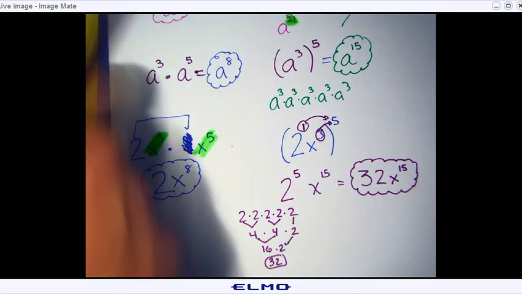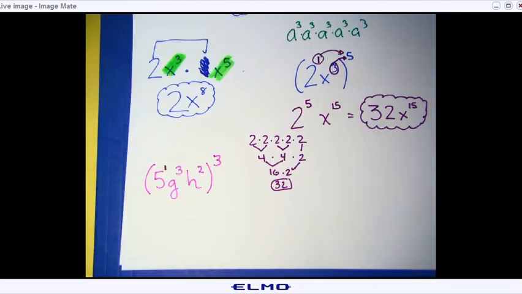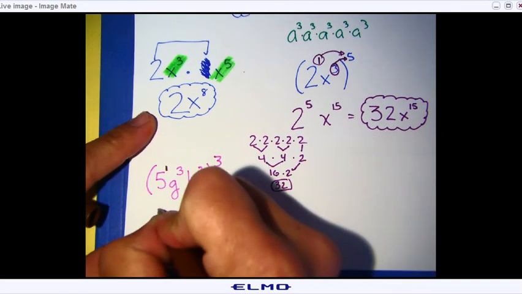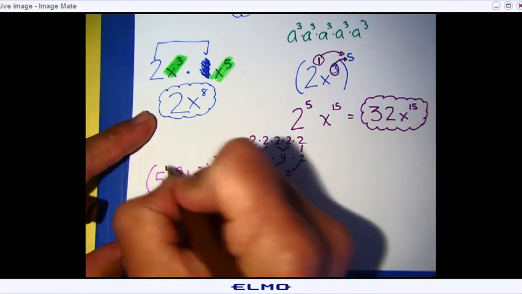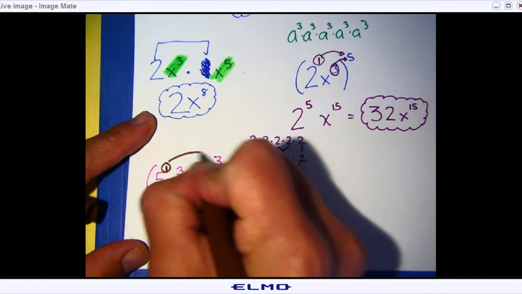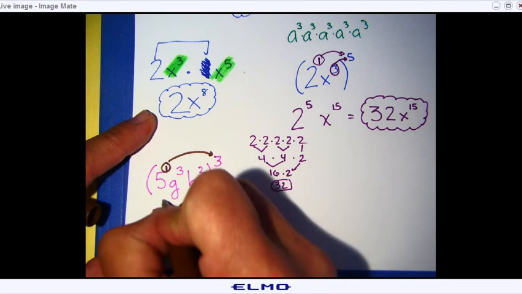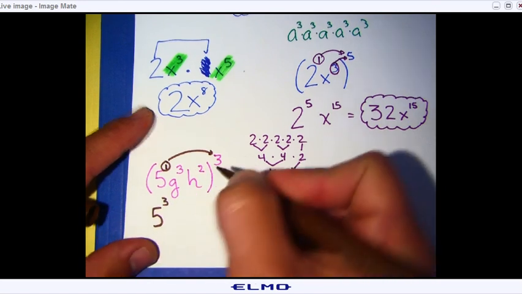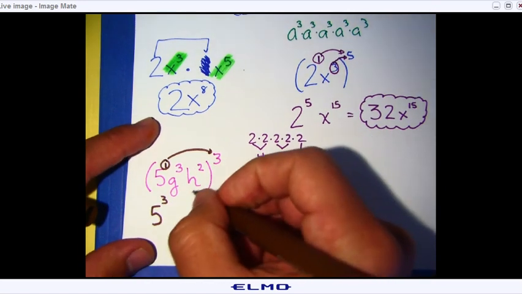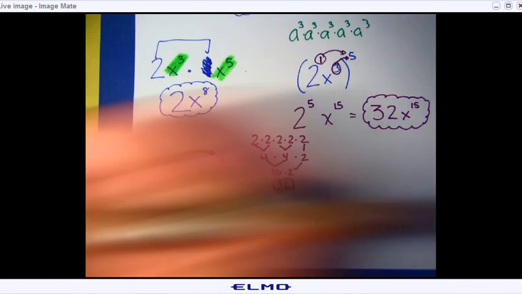See that? All right. We're going to create this power to a power. So we have 5. We're going to multiply the 1 times the 3. What's 1 times 3? To the power of 3. Now g to the power of 3.